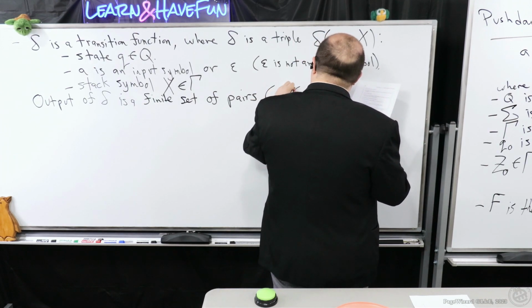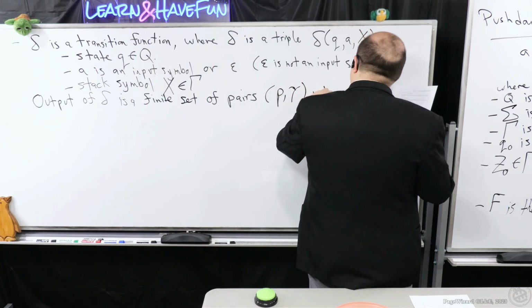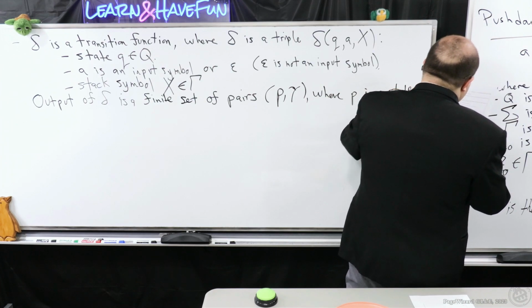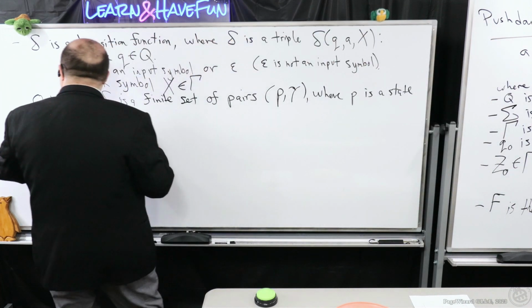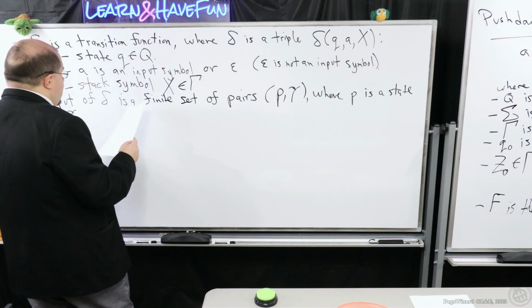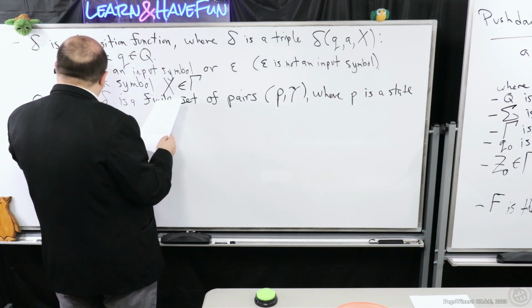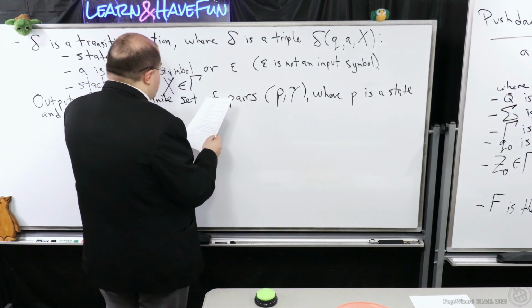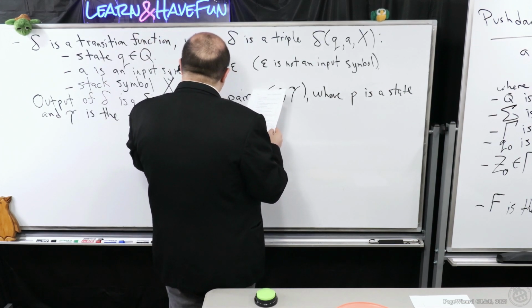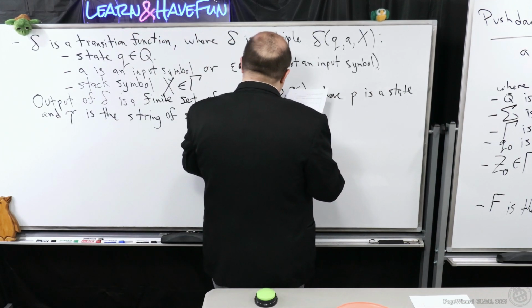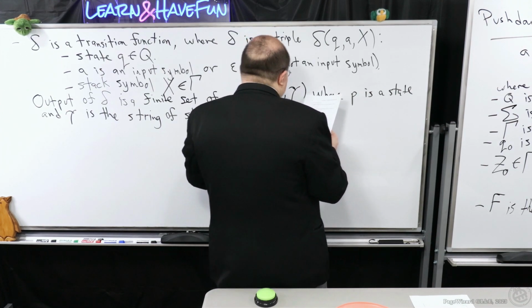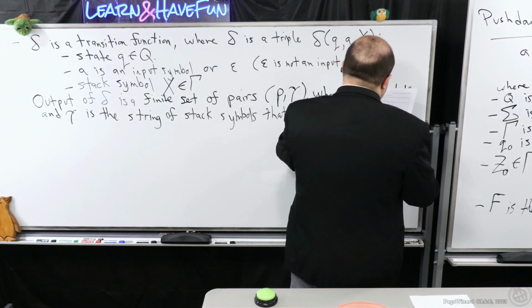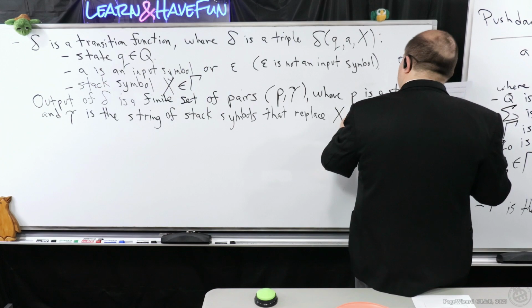P and lowercase gamma, where P is a state, and lowercase gamma is the string of stack symbols that replace X at the top of the stack.